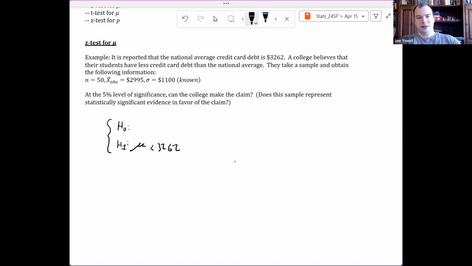So then what's my null hypothesis? Well, I would like my hypotheses to be mutually exclusive. In other words, I don't want there to be any possible true value for mu that is in both H0 and H1. I don't want there to be any overlap between them.